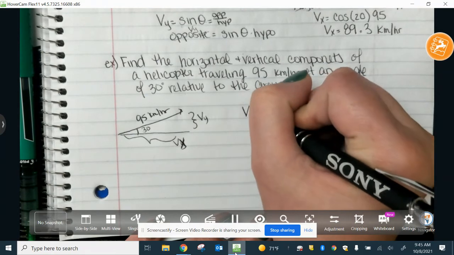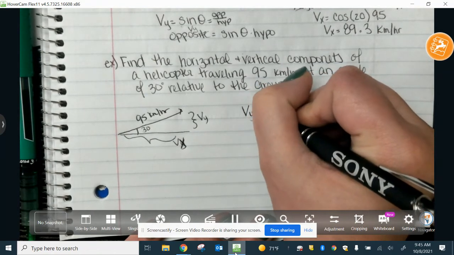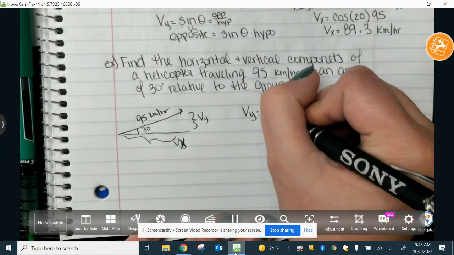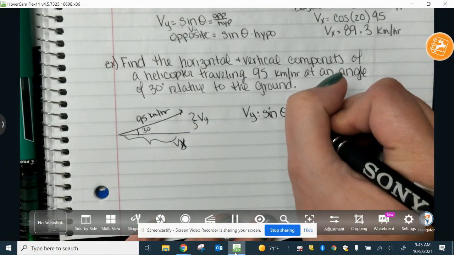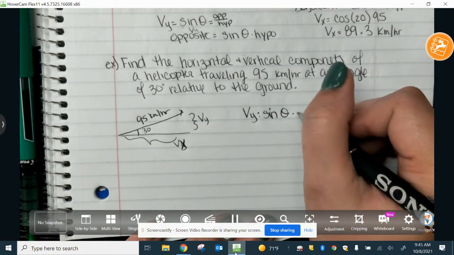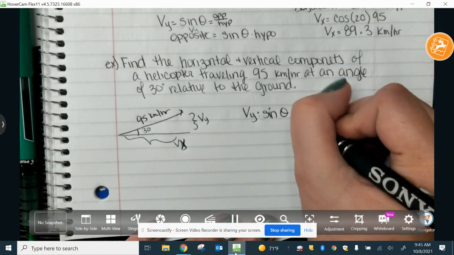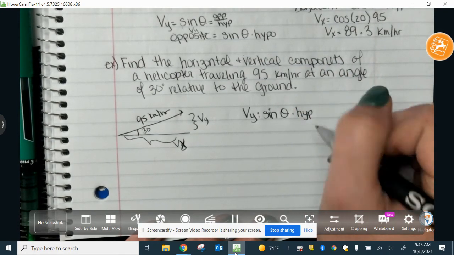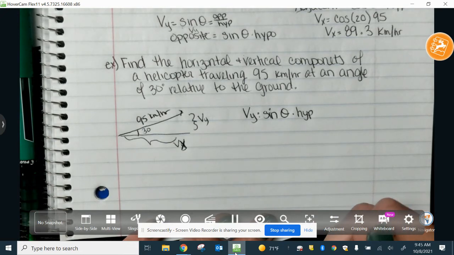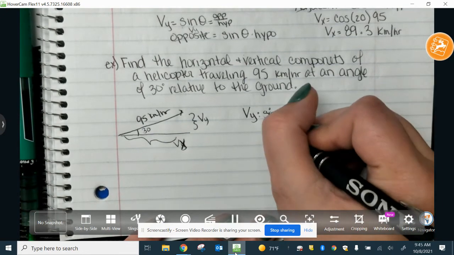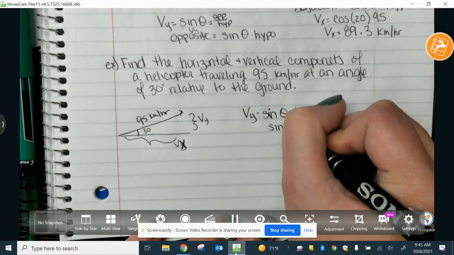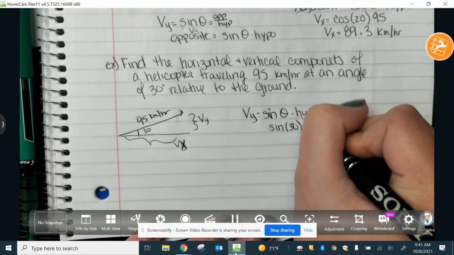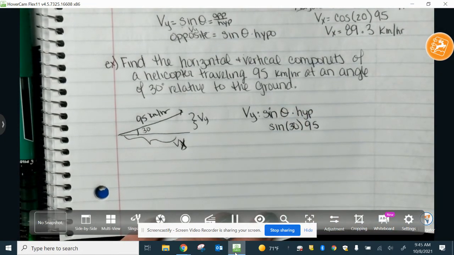So to find my vertical, I would, why do I always leave that off? The sine of theta times the hypotenuse. Plug in what I know, the sine of 30 times 95.